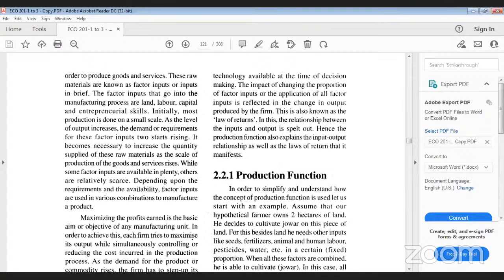As the level of output increases and the demand for these factor inputs starts rising, it becomes necessary to increase the quantity supplied of these raw materials as the scale of production of goods and services rises. While some factor inputs are available in plenty, others are relatively scarce, depending upon the requirement and the availability of factors.